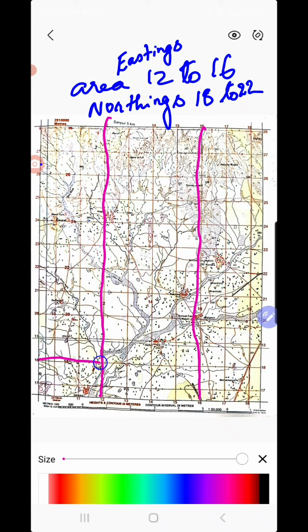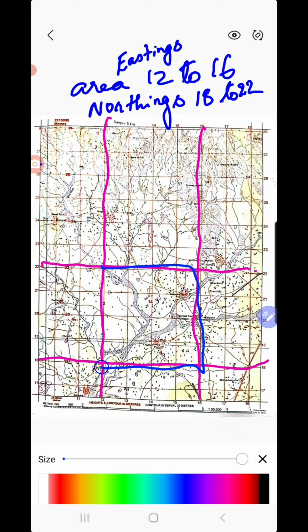Now, which squares are coming inside 12 to 16 and 18 to 22? You see this? This is the square. These are the area coming under it. Now you have to find the area. How to find the area? You know that one grid square is equal to 1 kilometer.